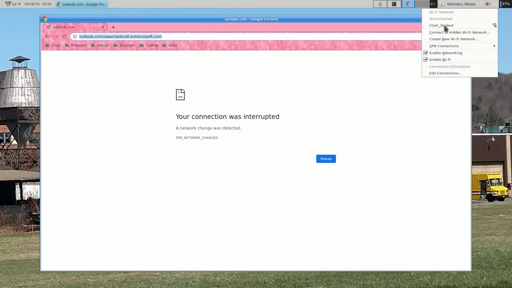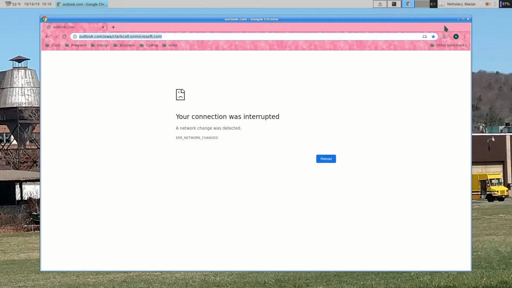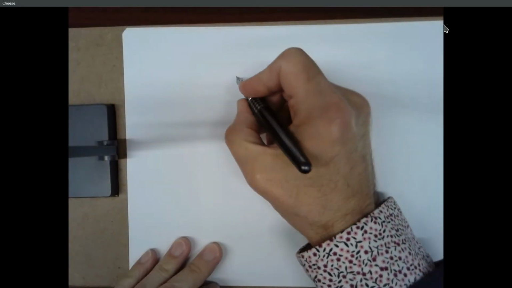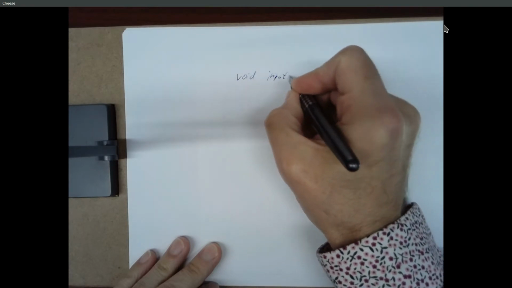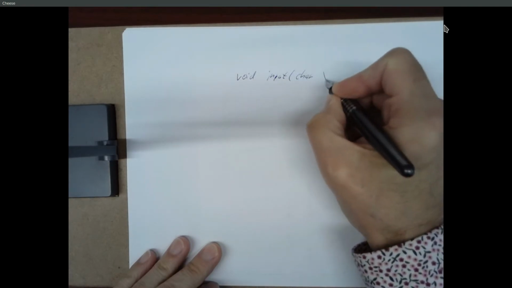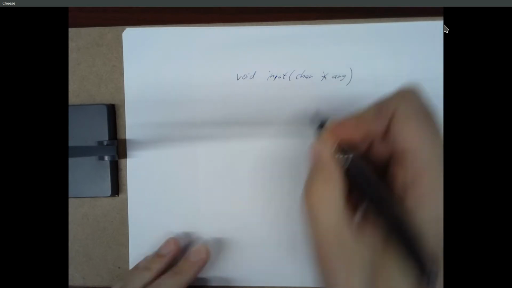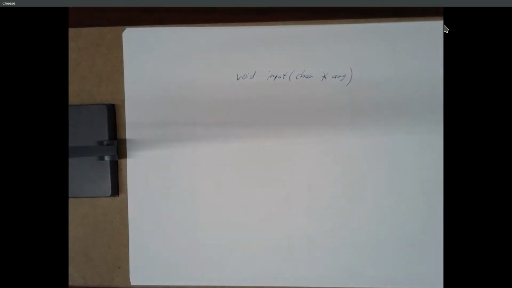Well, anyway, ODP 451 is a function named input. It's void, it doesn't return anything, and it accepts a single argument, which is an array of characters.